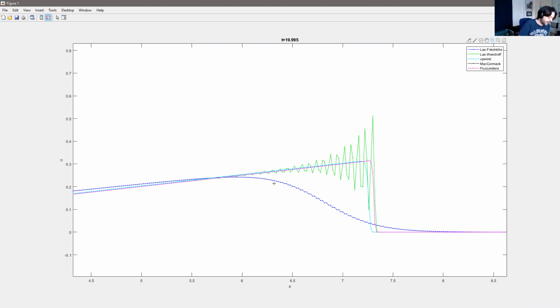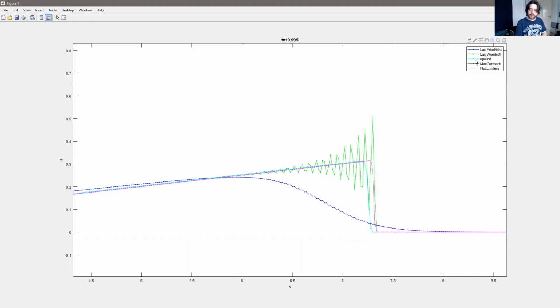So first of all, you see that the diffusive scheme, which is the Lax-Friedrichs scheme, is really diffusive. This discontinuity is not even a discontinuity anymore. It's just a slowly rising hill, which then falls down again. This is really the effect of strong diffusion in the Lax-Friedrichs scheme.